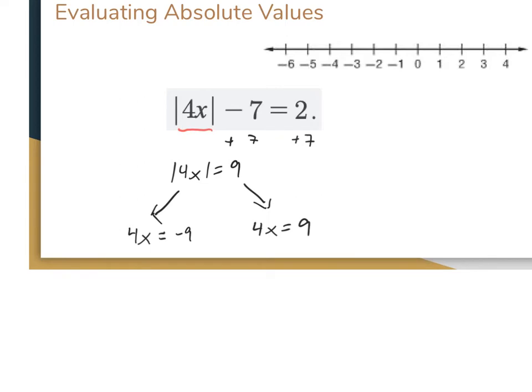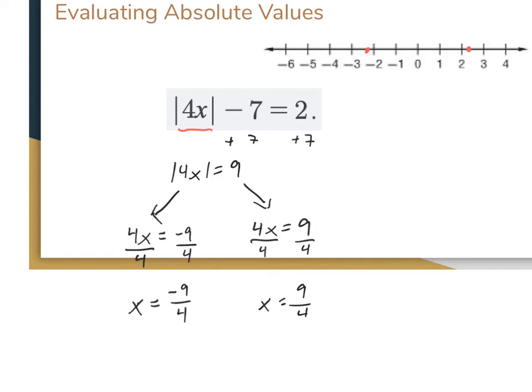I will divide by 4 and I get x is equal to -9/4 and x is equal to positive 9/4. Again, if I'm going to graph it, 9 over 4 is 2 1/4 and negative 2 1/4.